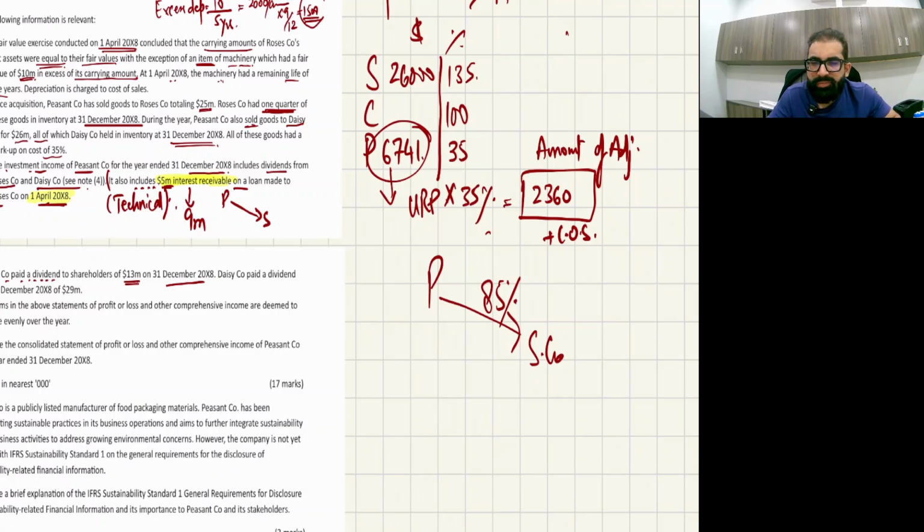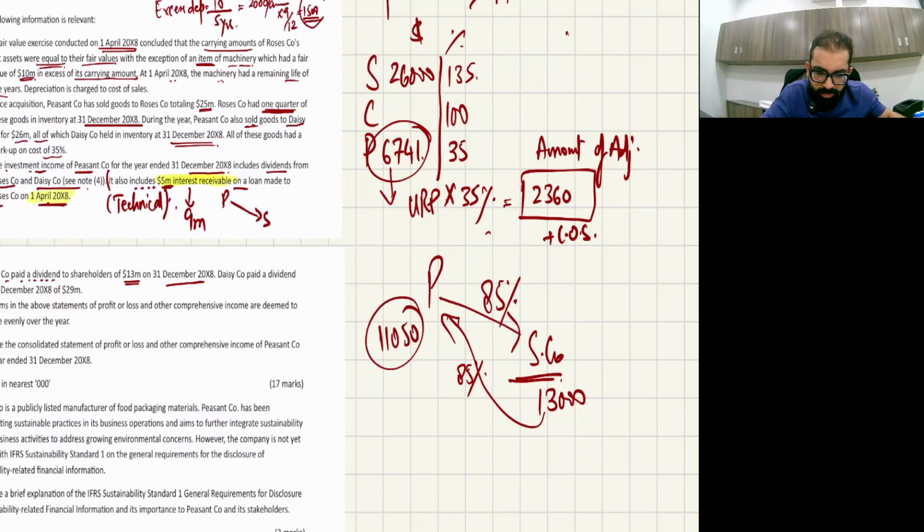We have 85% holding in the subsidiary company. The subsidiary gave 13,000 total dividend. So out of this total dividend, how much will come to the parent company? It's 85%. So 13,000 multiplied by 85% is 11,050.